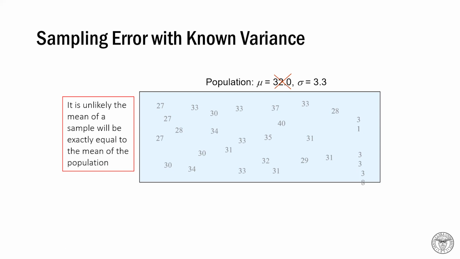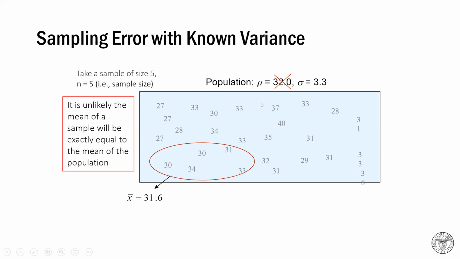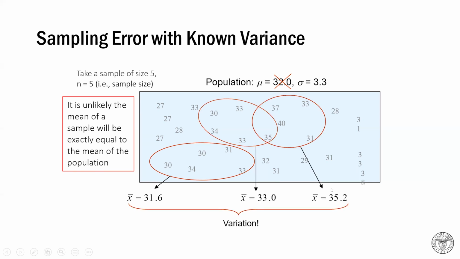However, when we draw samples with a sample size of 5 from the population 3 different times, we got sample means of 31.6, 33.0, and 35.2, which are different from each other.